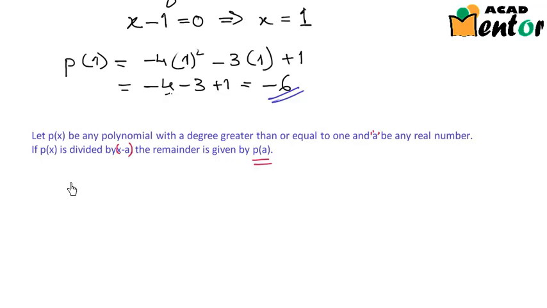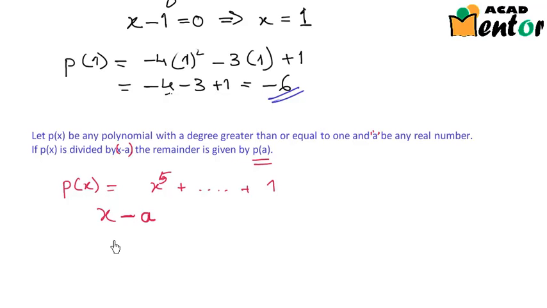So what the remainder theorem is essentially saying is that let p of x be any polynomial. It could be x to the power 5 plus something something and a constant. Now this is a polynomial with a degree which is greater than 1. The polynomial degree is 5 here, and I have another polynomial, that is x minus a. Now a could be any real number here.